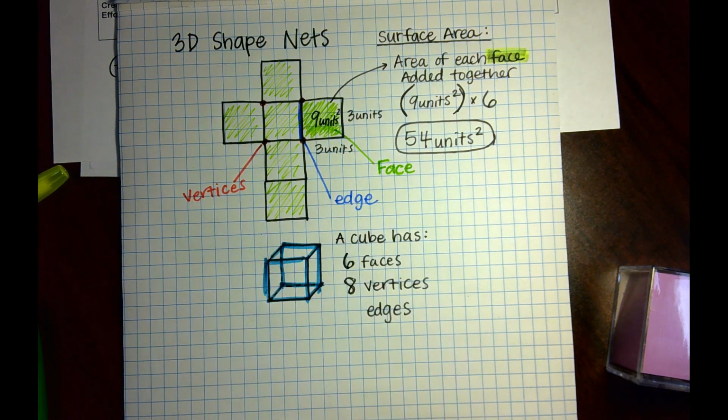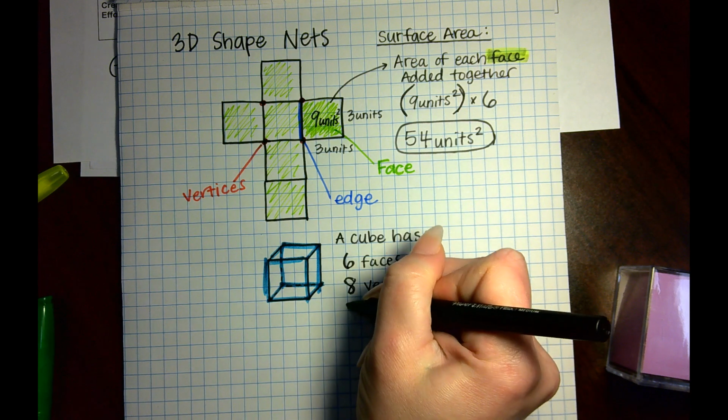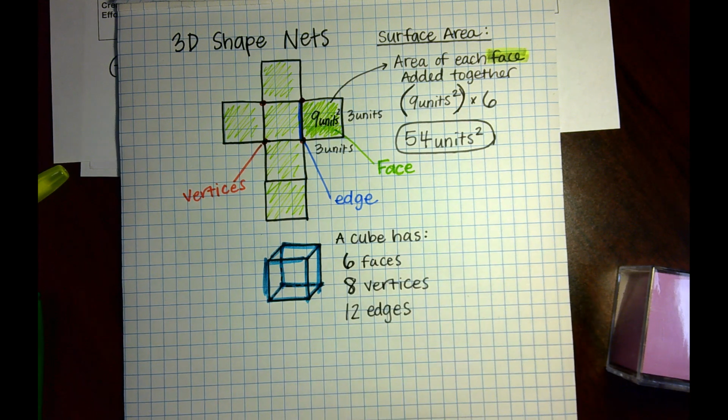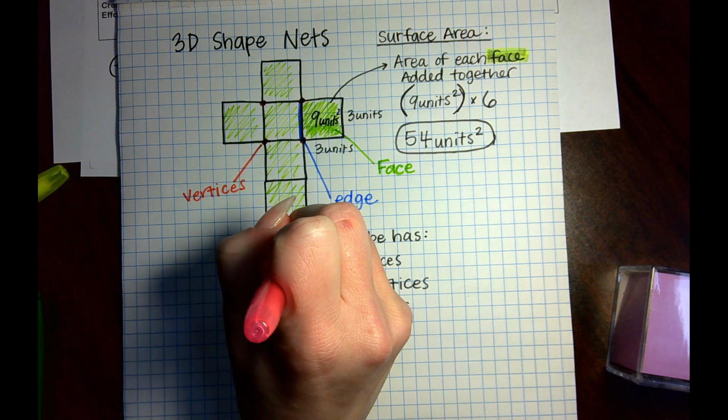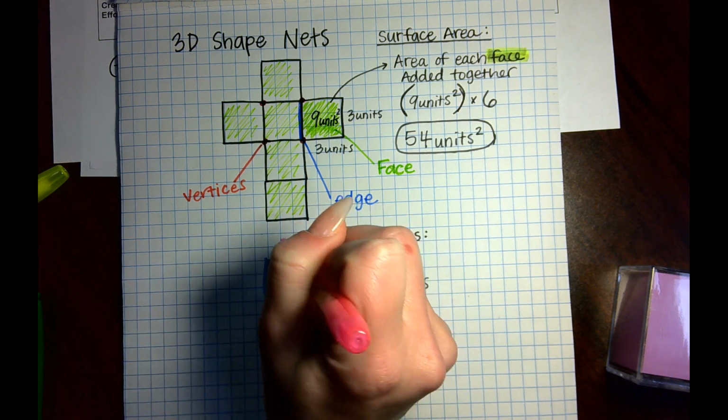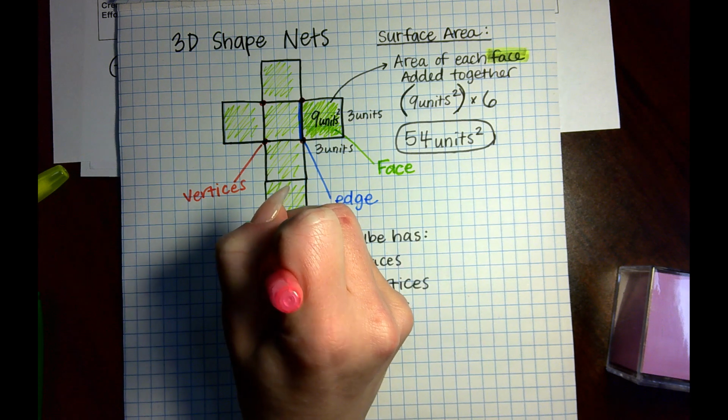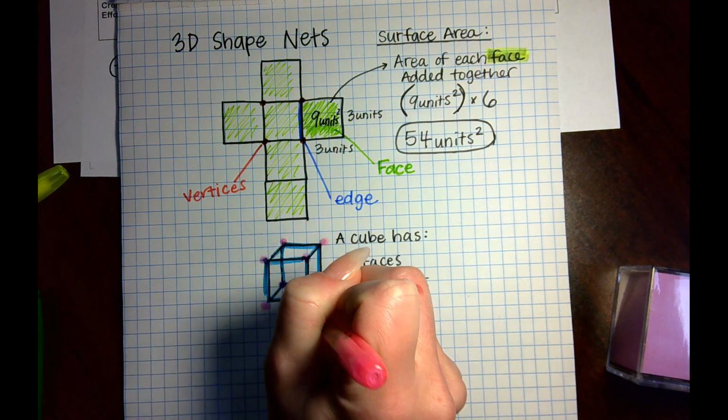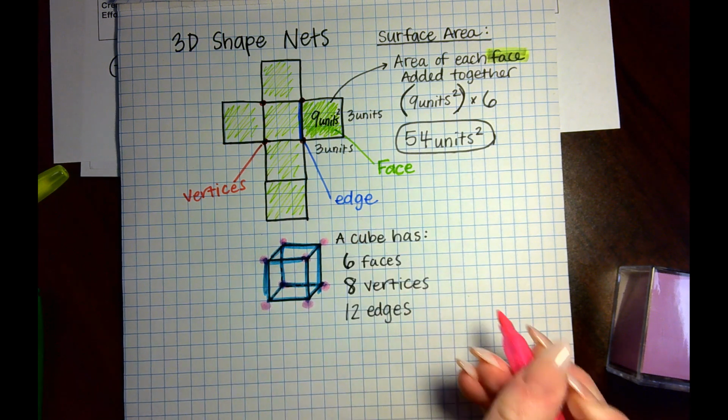Good. So 12 edges. 12 edges. And then I've got my 8 vertices. 1, 2, 3, 4, 5, 6, 7, 8.